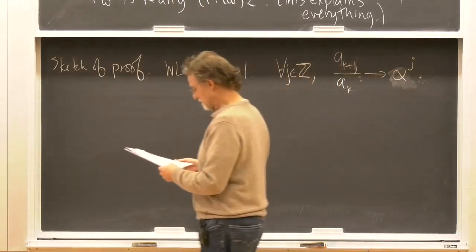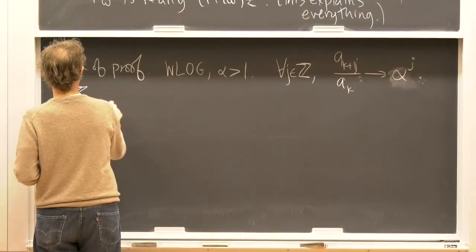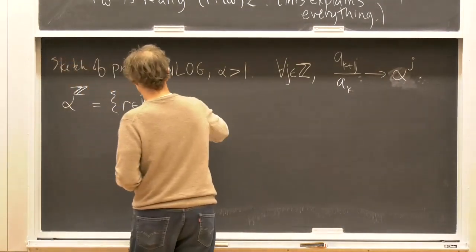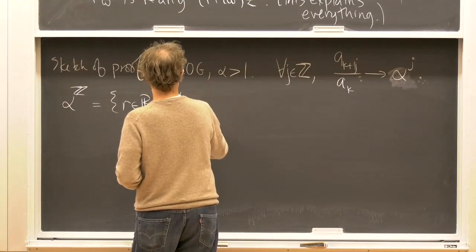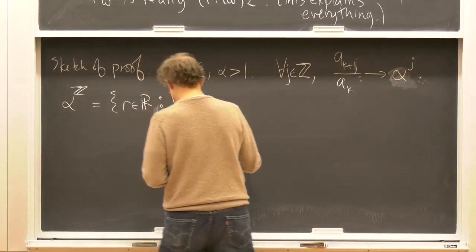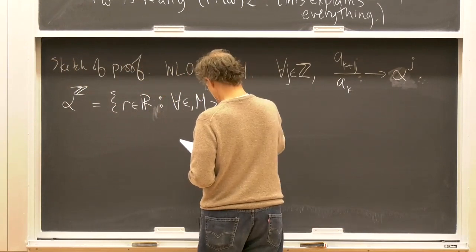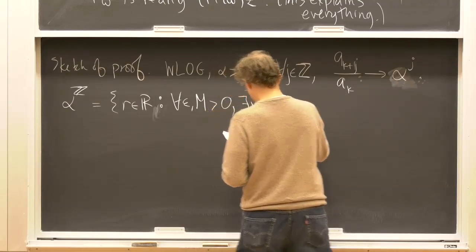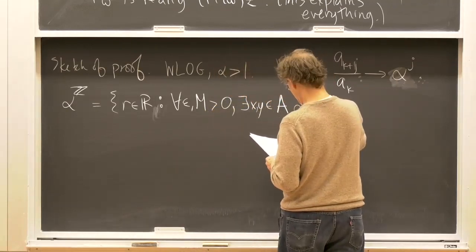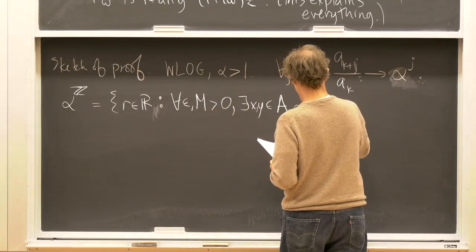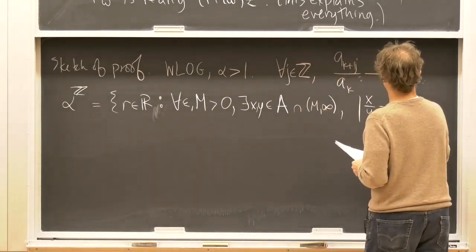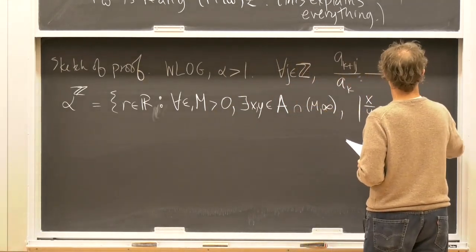Okay, so if I got my quantifiers and everything right, what this is going to say is that this is all the reals r such that for all small epsilon and for all big bound, there's something inside the range of the sequence, but also large, such that the quotient from r is less than epsilon.